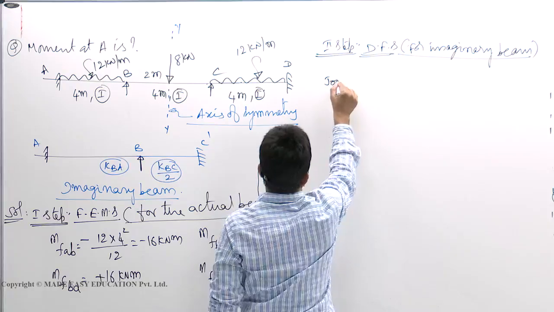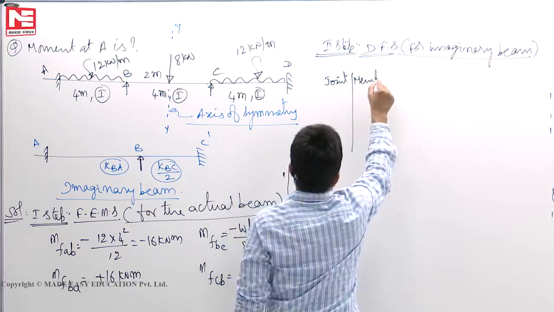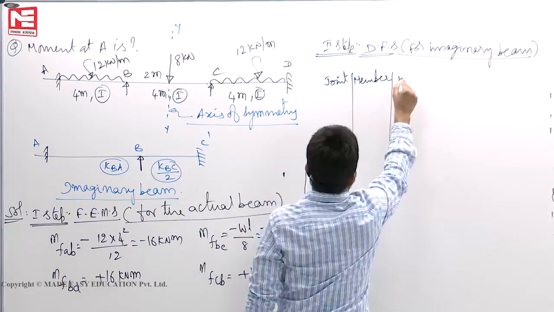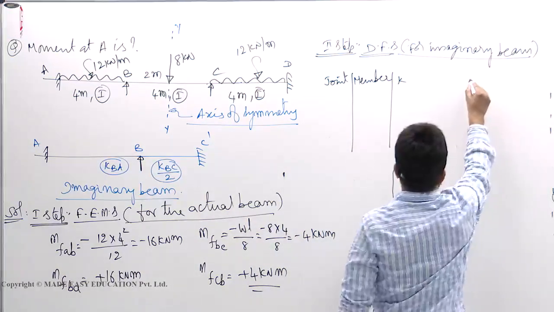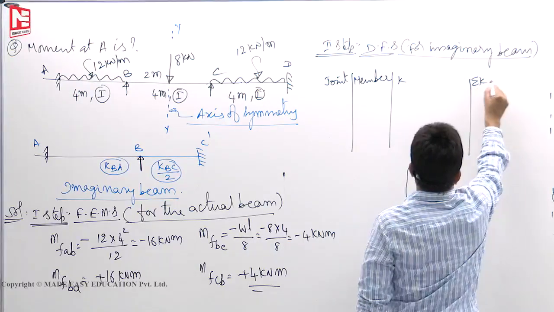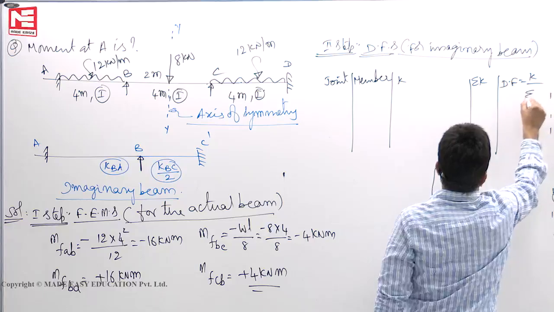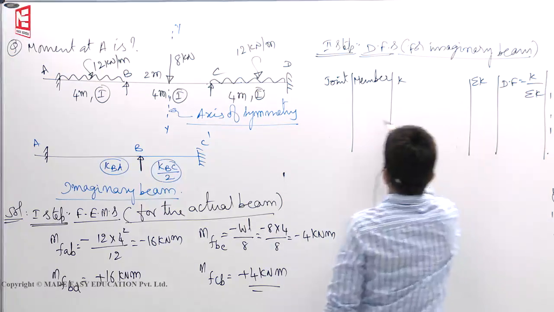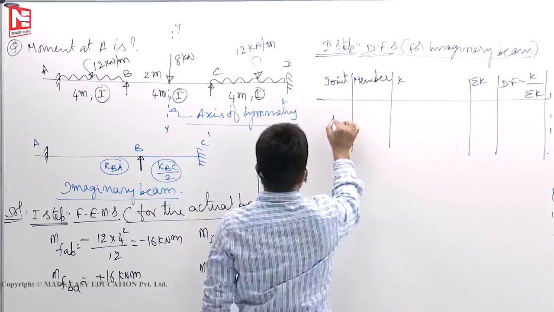Joint, member, K, sigma K. Distribution factors are K by sigma K. Okay. Now only one joint, B, we have to take.